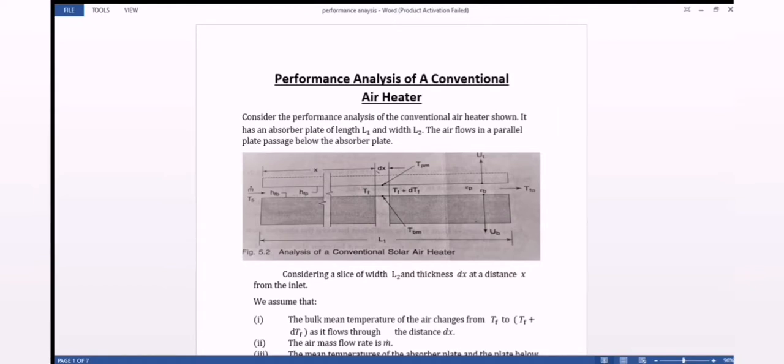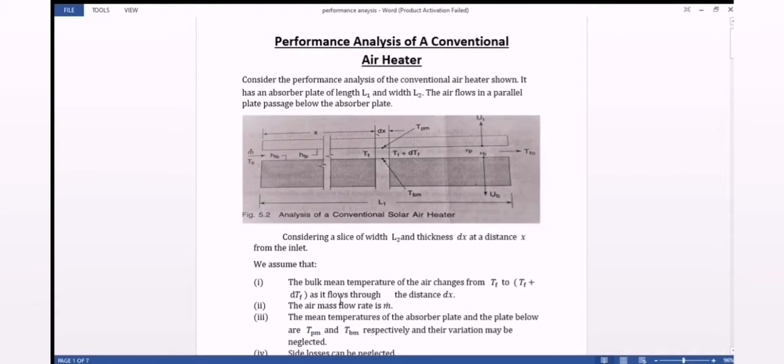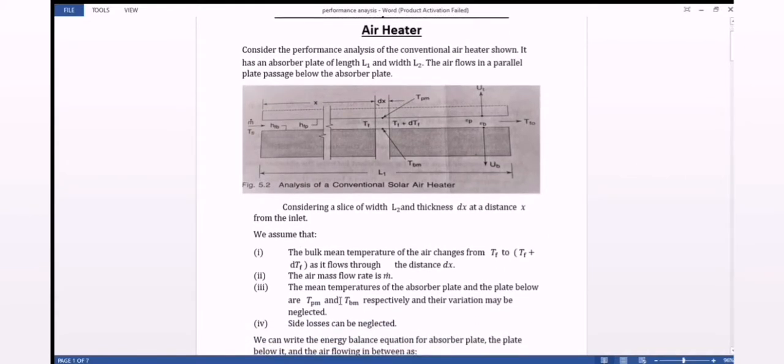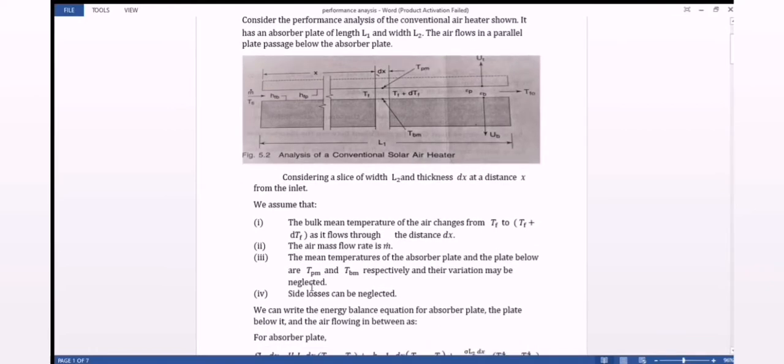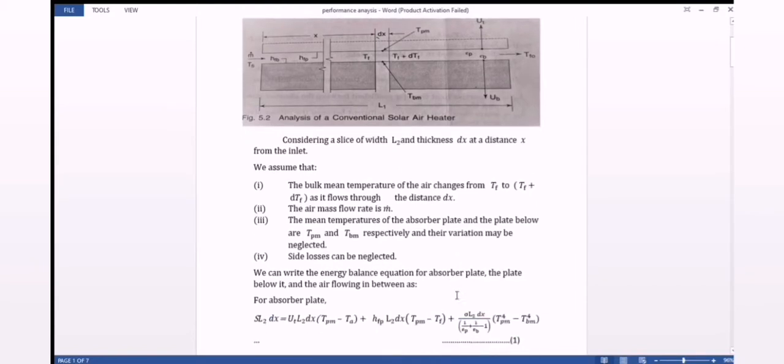We assume the bulk mean temperature of air changes from Tf to Tf plus dTf as it flows through the distance dx. The air mass flow rate is m dot. The mean temperatures of the absorber plate and the plate below are Tpm and Tbm respectively, and their variation may be neglected. Also, the side losses can be neglected.